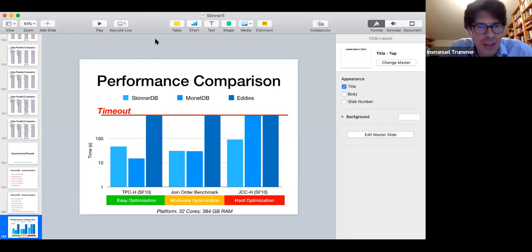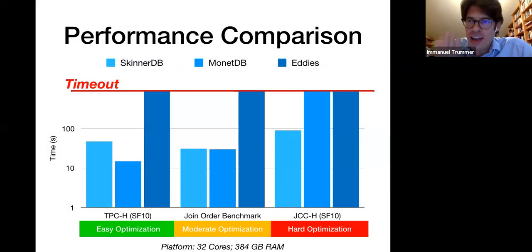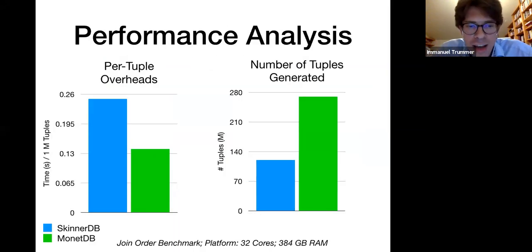Great questions. All right. In order to just finish up the discussion of the experimental results, there are some overheads for cases where query optimization is easy, but if query optimization is already moderately difficult, then this approach seems very competitive. Now, in order to illustrate the trade-offs here in more detail, let's have a look at those two figures over here, which apply to the medium difficult benchmark that we are using. On the left-hand side, we are measuring the processing overheads per intermediate result tuple.